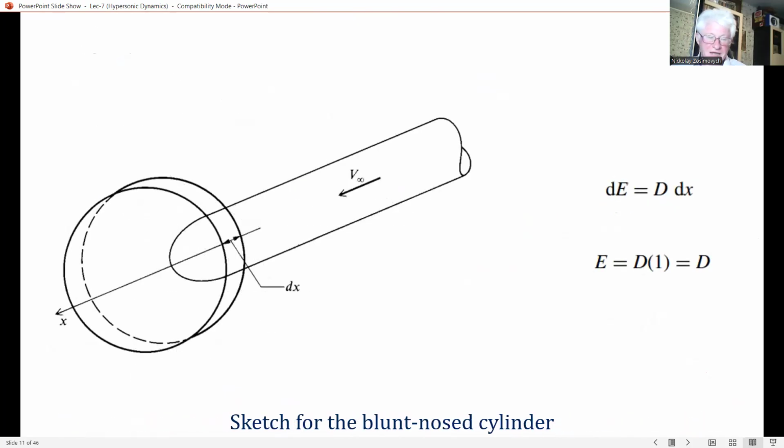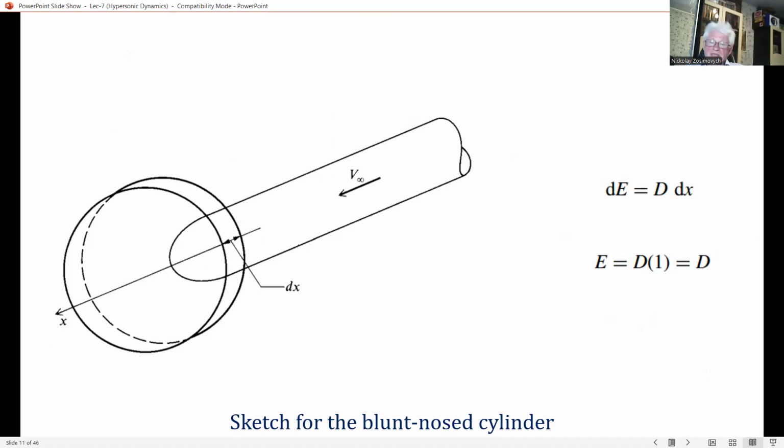Now, consider the axisymmetric cylinder moving in the x direction, as shown in this figure. The body moves through a cylindrical slab of air of thickness dx. From the same argument as just shown, the nose drag D of the body adds energy to this cylindrical slab, equal to dE equals D times dx.